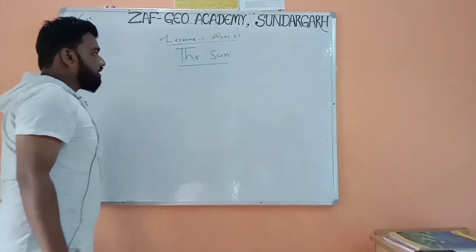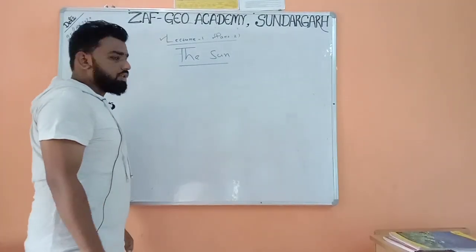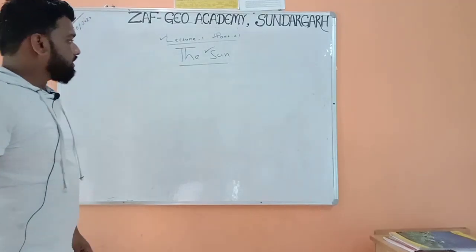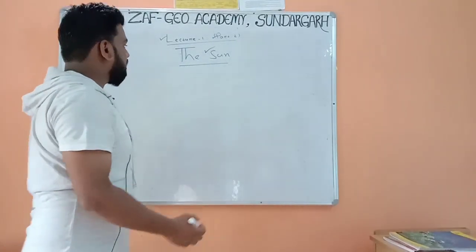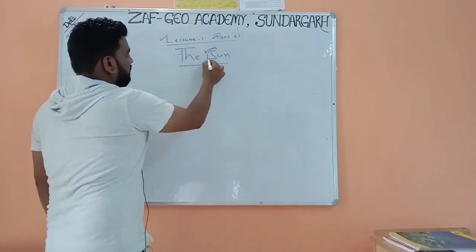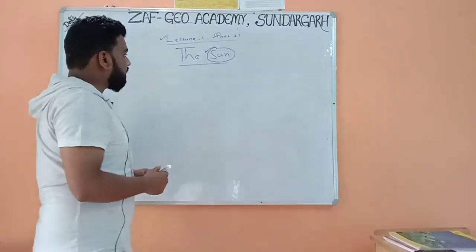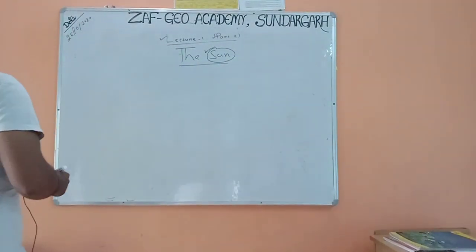We know the sun is one of the important parts of our solar system. Without the sun, no life is possible on earth, because it provides lots of things to the earth, mainly light and energy.